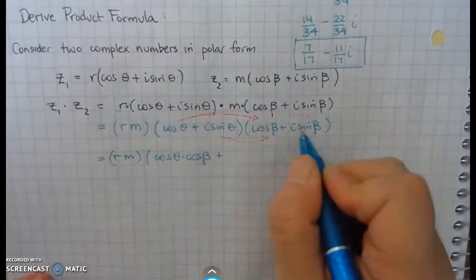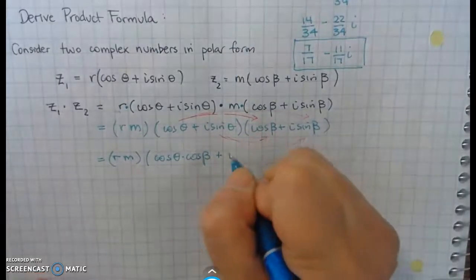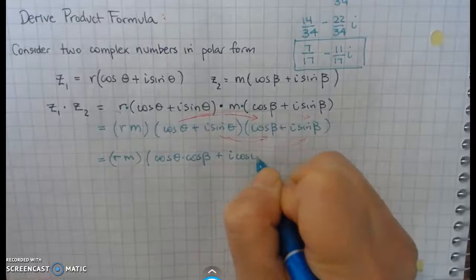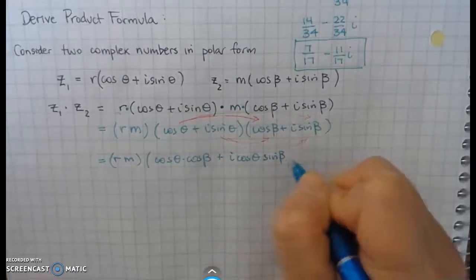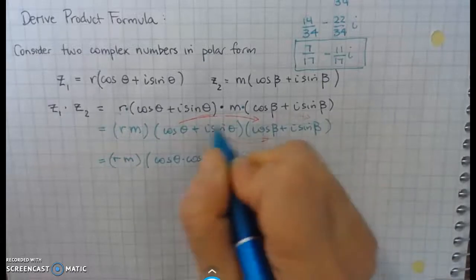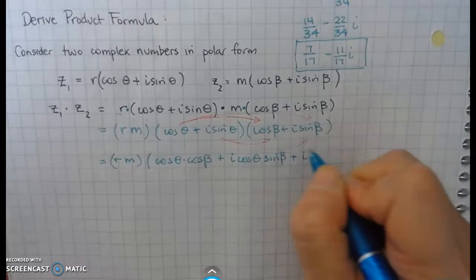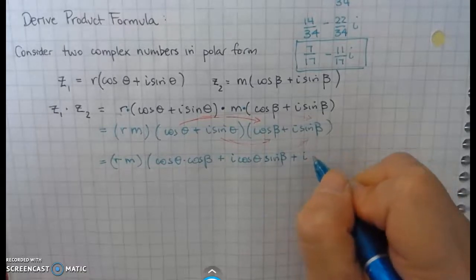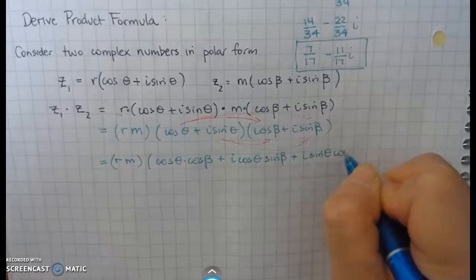Then cosine of theta times i sine of beta is going to be i times cosine of theta and sine of beta, plus then I'm going to do i multiplied by sine of theta and cosine of beta.